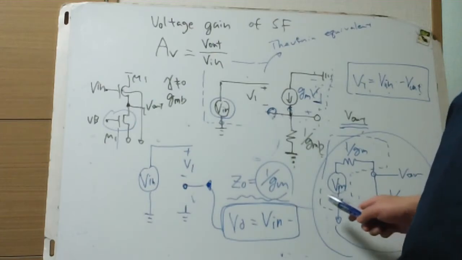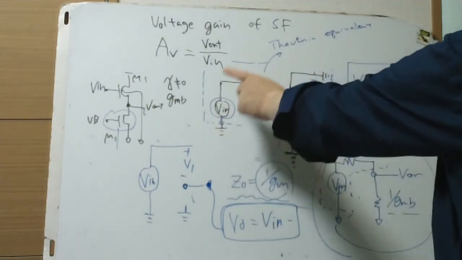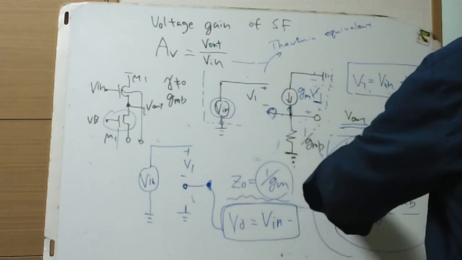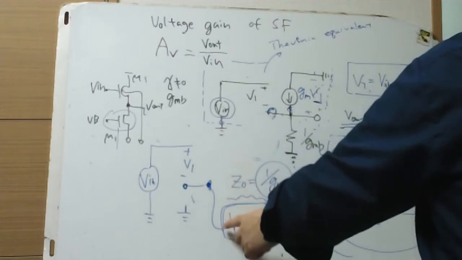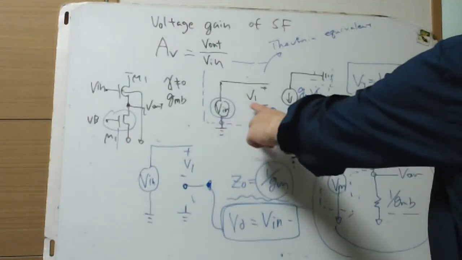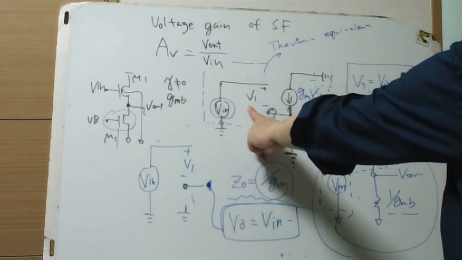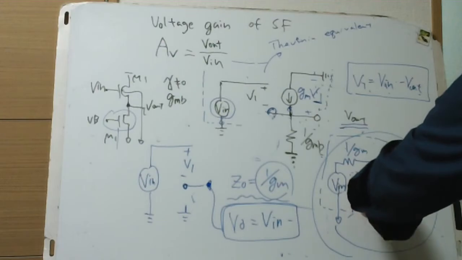The format style is like the Thevenin equivalent of this part. And simply this part makes VO equal 1 over gm, which is okay, but VO or V is a problem. V1 disappears in between this V out.